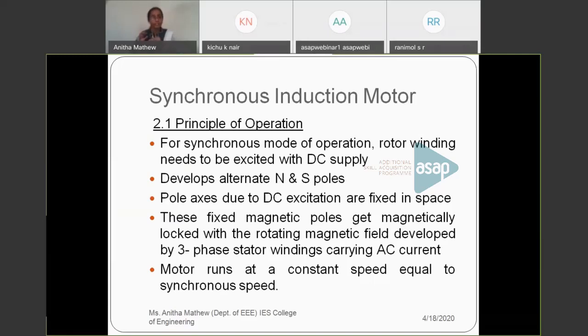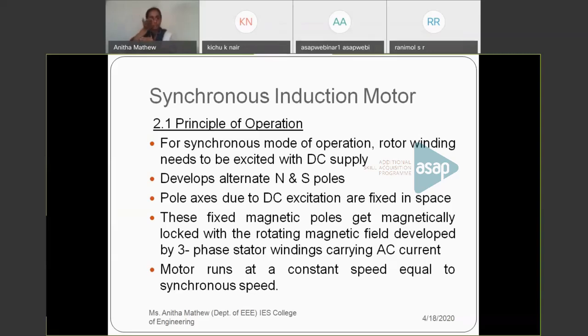When we excite this rotor with a DC supply, alternate north and south poles will be produced. This north and south poles get magnetically coupled to the rotating magnetic field of the stator.